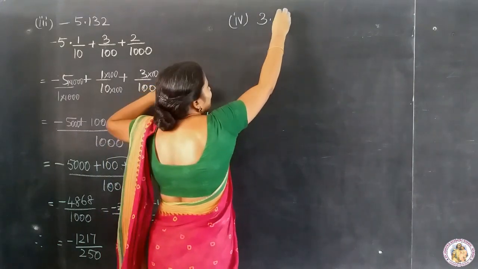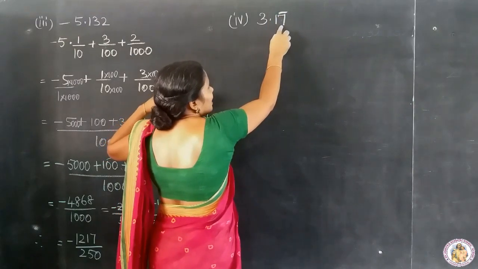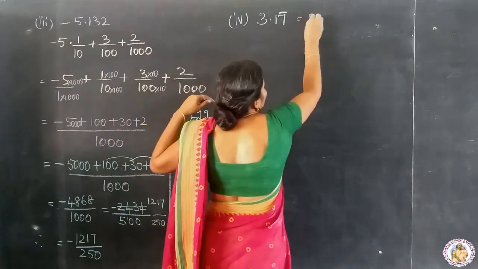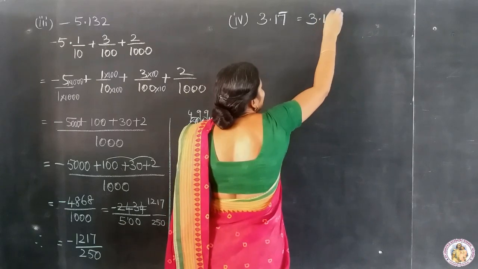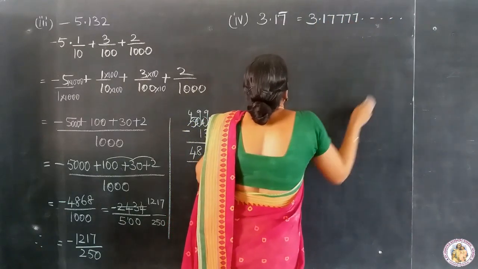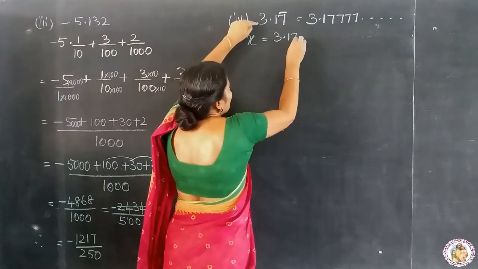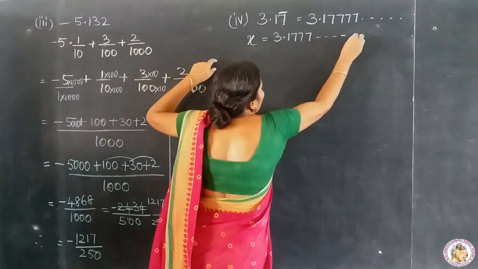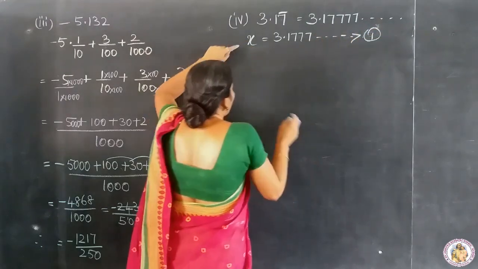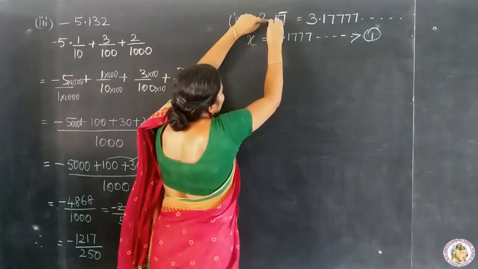Next, 3.17. Here you can see for 7 alone it is given as bar, so you have to repeat only 7. Taking 3.17, I have to repeat 7 alone. Consider x is equal to 3.1777 as equation 1.